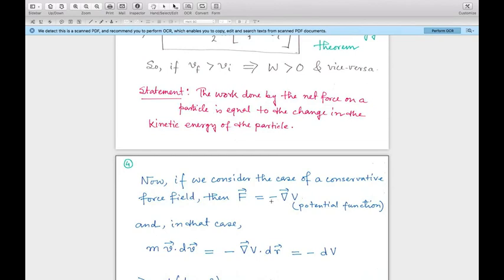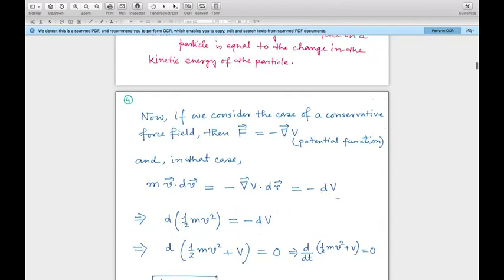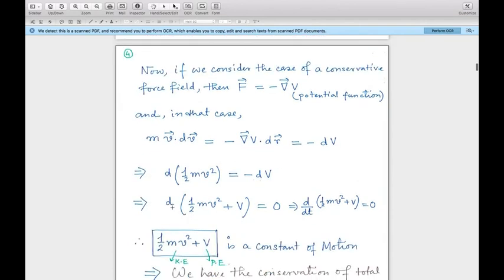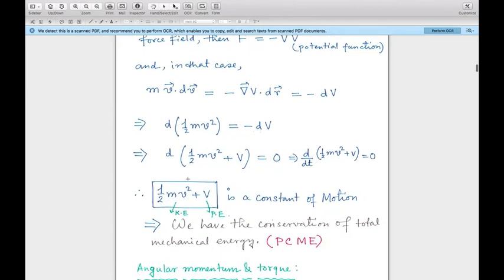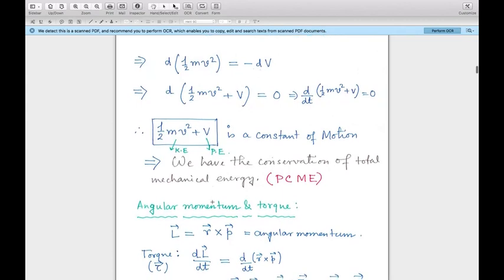Again, by convention we write minus gradient V. Then you can simply write mv dot dv is equal to minus gradient of V dot dr, which is nothing but the total differential of the scalar function, minus dV. Then you can say the total differential of half mv square plus V is 0. So half mv square plus V is a constant of motion, and half mv square is the kinetic energy, V is the potential energy, you all know that. So this is nothing but our very well known conservation of total mechanical energy.